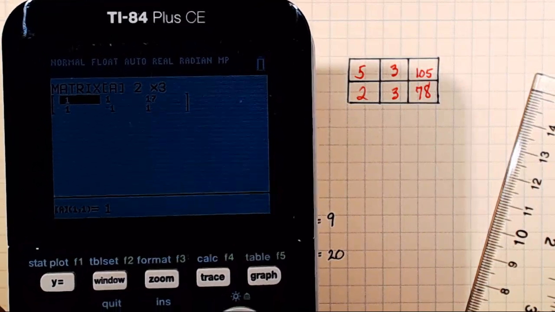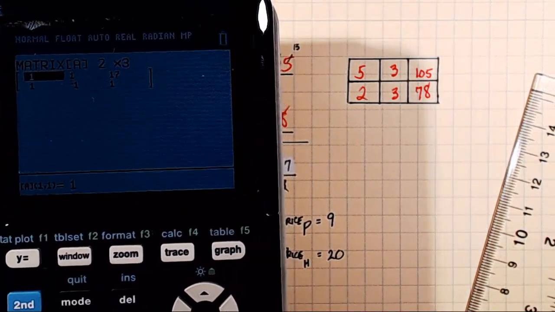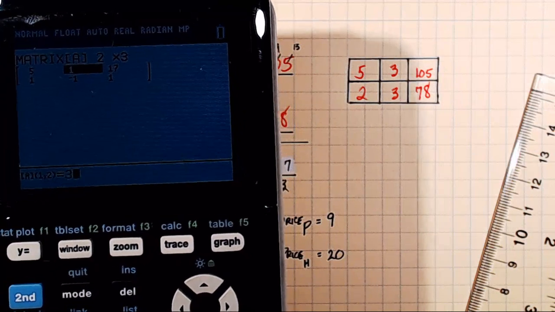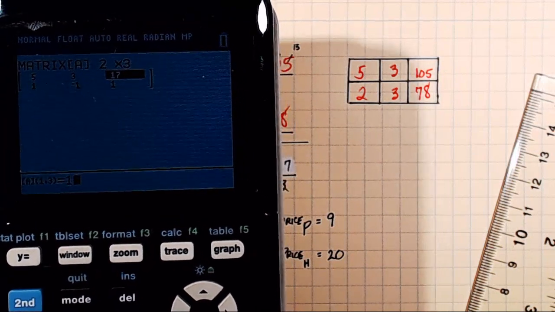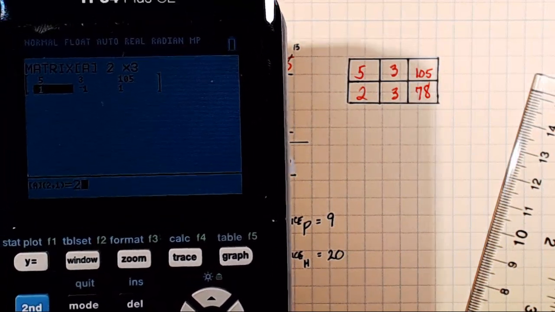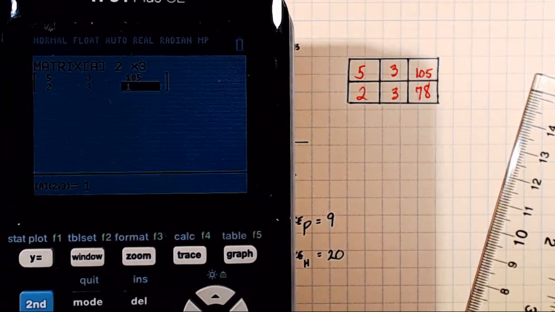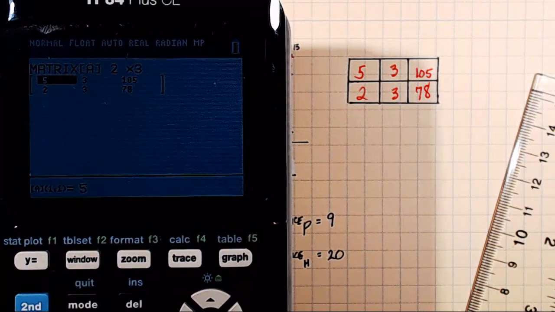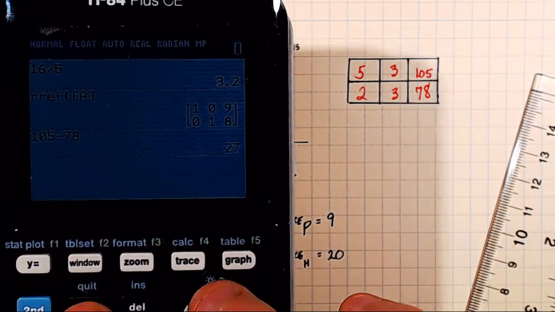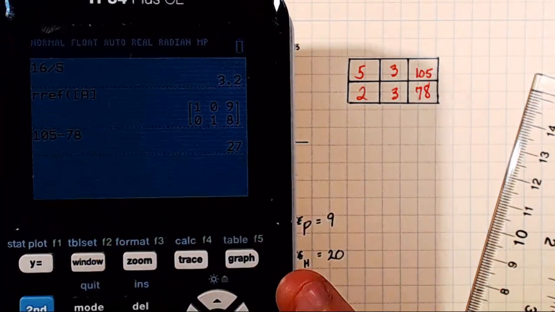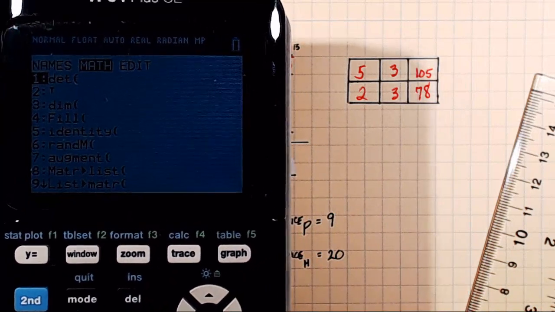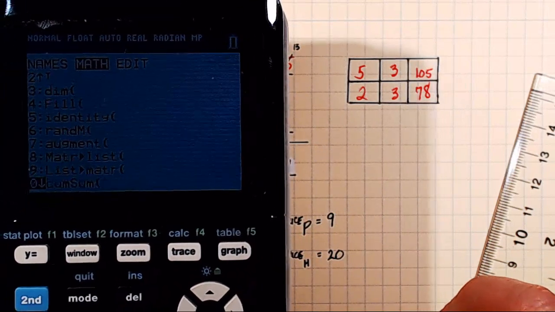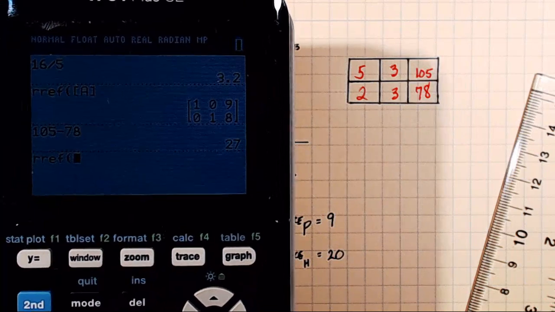If you hit down on the cursor, you can just replace the values. 5, enter, 3, enter, 105, enter, 2, enter, 3, enter, 78, enter.